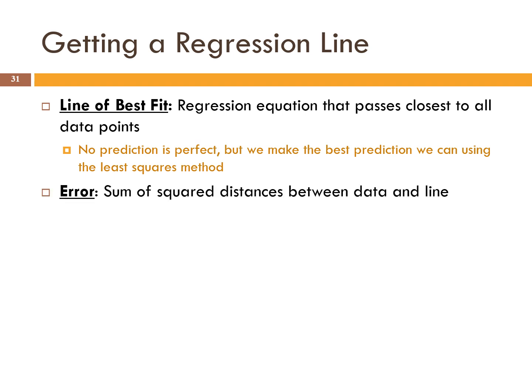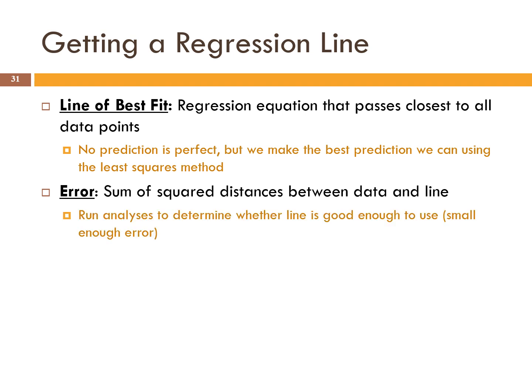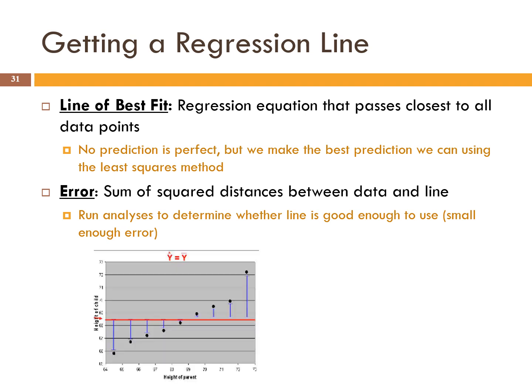Anytime you're drawing a line between a bunch of data points, there's going to be some kind of error in that line. And this is the sum of the squared distances between the data and the line. And what we're going to do is run analyses to figure out whether the line is good enough to use. So here I have a regression line that is just y equals y. So it is just flat, okay?